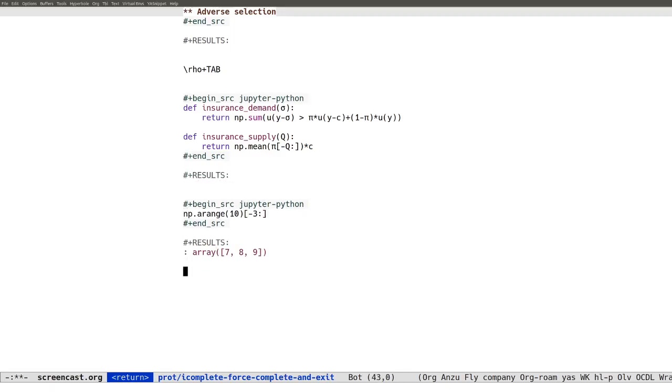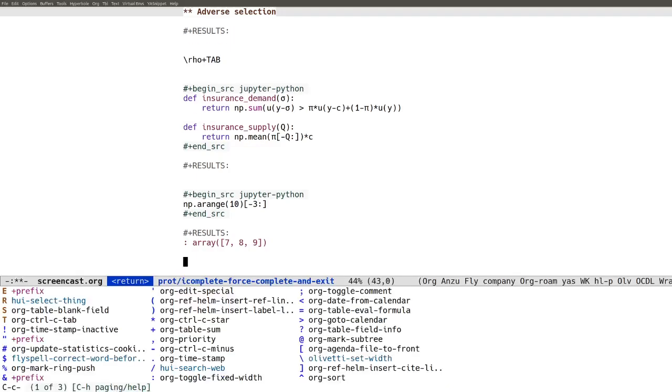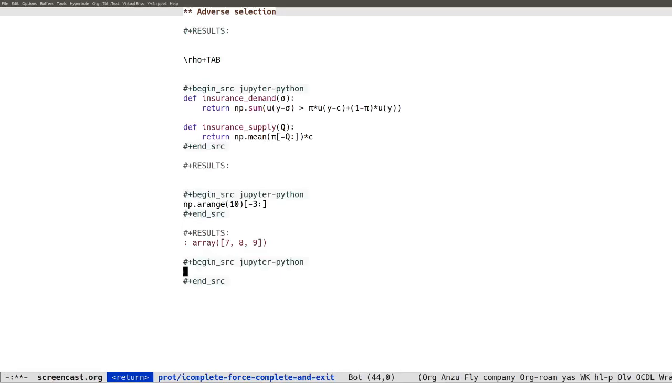So now we're able to actually plot demand and supply in this insurance market. Let's define the range for Q, which is going to be equal to 1 plus numpy arange 50. I'll explain in a second why I have the 1 plus here.